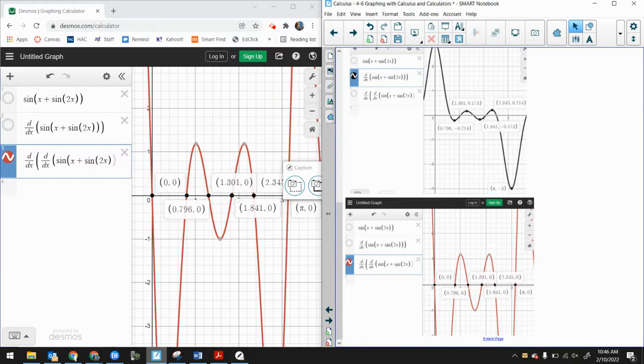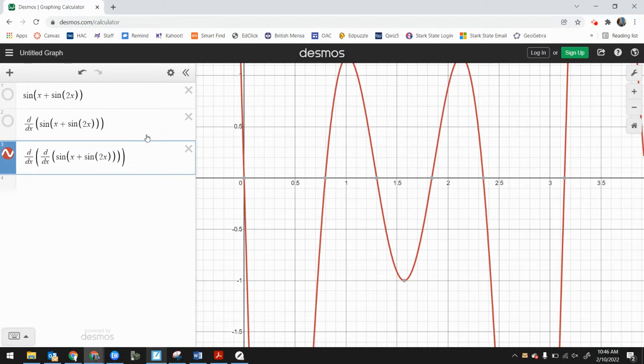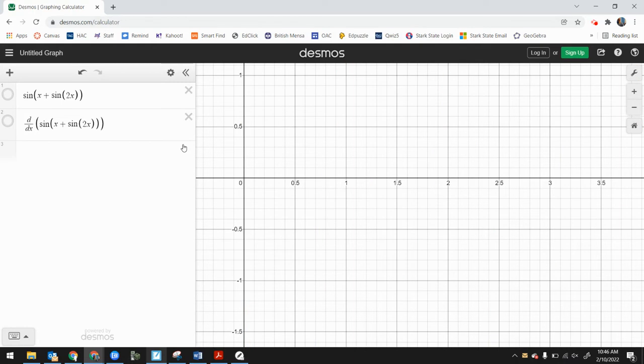Okay. Since we have just about 15 minutes left, I want to show you what to do if you're ever stuck on a derivative. Say I really did want to find the derivative of sine x plus sine 2x. It looks really complicated, with a lot of places where I could screw up. What's the derivative of sine?